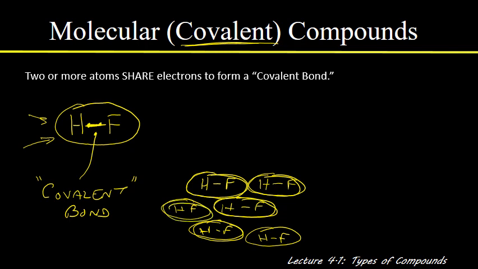But unlike with the ionic compound, you actually do have individual identifiable molecules. Here's a hydrogen fluoride right here, here's a hydrogen fluoride right here, here's a hydrogen fluoride right here. Instead of having just a collection of positive and negative ions, you have individual, discrete, identifiable molecules. That's an important difference between ionic and covalent. In fact, that's why we call them molecular, because they retain their molecular identity as individual molecular units.